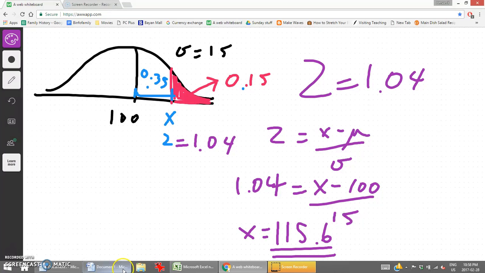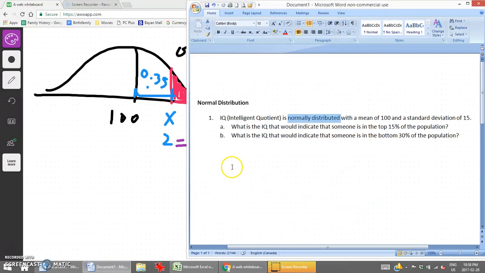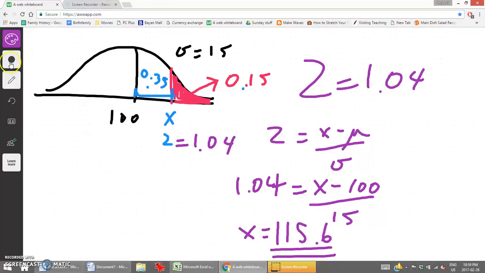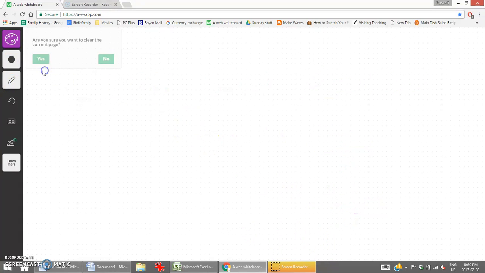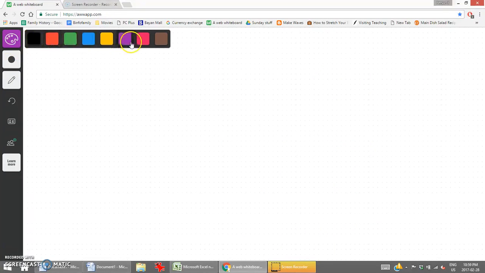So let's go and tackle the second question we have here. What is the IQ that would indicate that someone is in the bottom 30% of the population? This question is going to start out the same way. Let me just clean my slate here. Go back to black. So we're going to draw out this normal distribution.